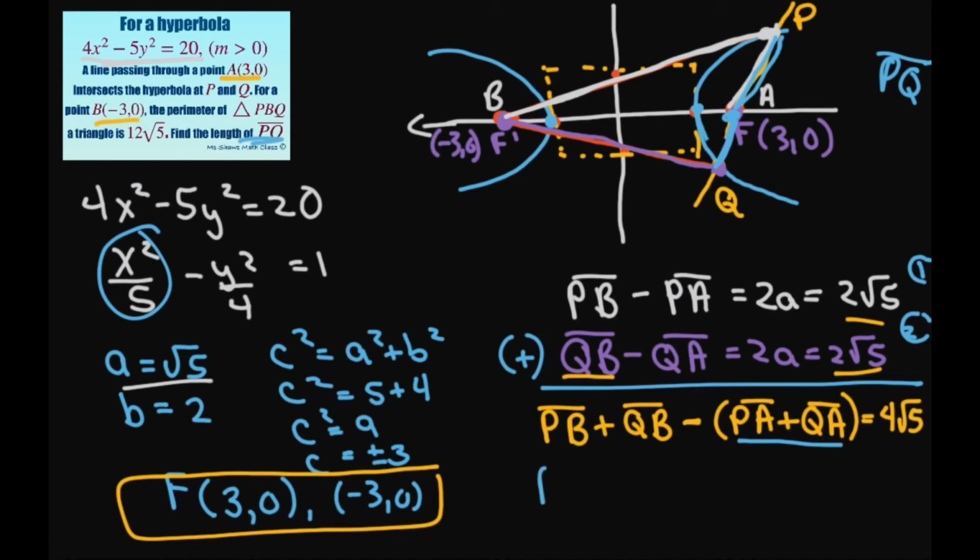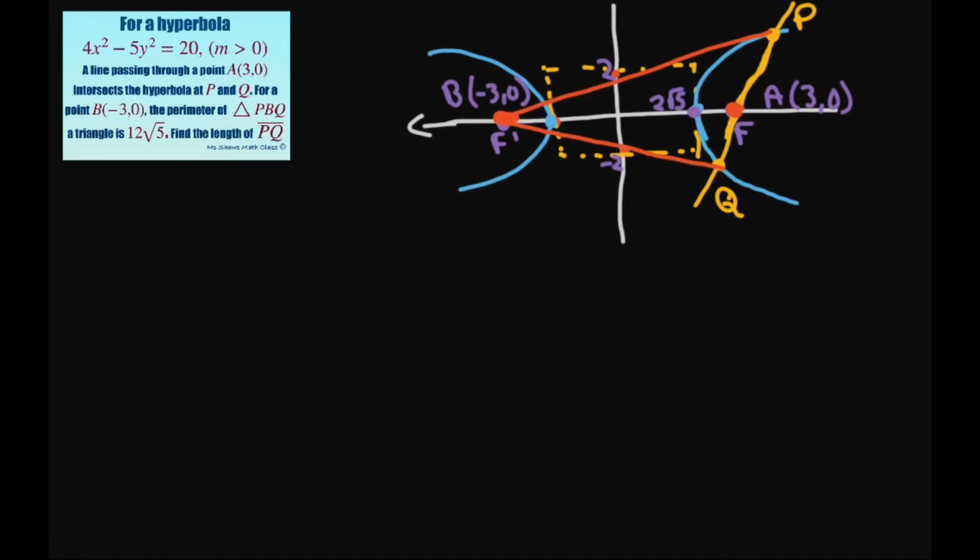So I can write this as PB plus QB minus PQ equals 4 square root of 5. I'm going to call this equation 3.